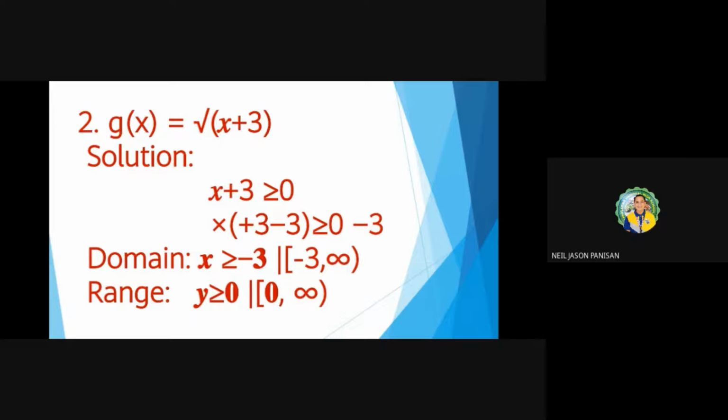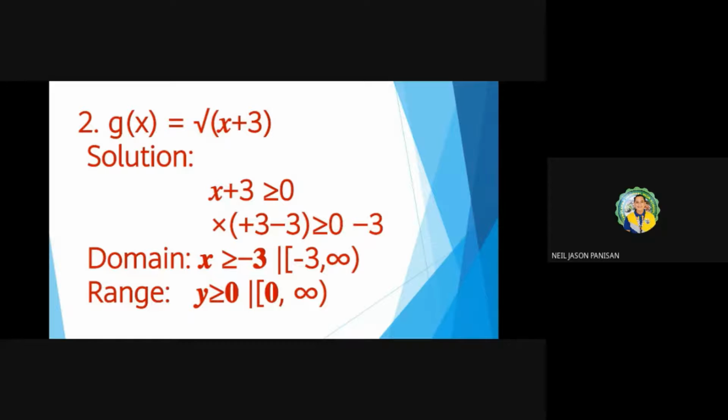So the result is x is equal to or greater than -3. So meaning our domain of this equation g of x is equal to the square root of x plus 3 is from -3 going to positive infinity, or going to the right.